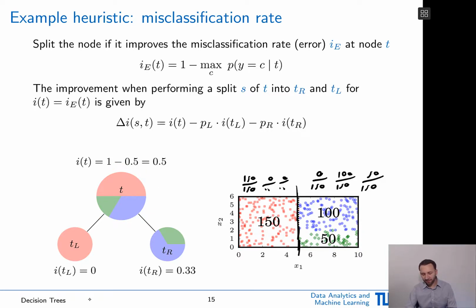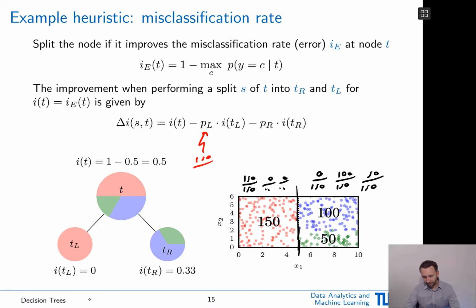And then we subtract the misclassification from the sub-children, so to say. Here we have a misclassification error of 0. Here we have this 1/3 error, right? So here it would essentially be 0.5 minus this here, by the way, is the size of the corresponding left or right child. So this would be like 50% in our case.